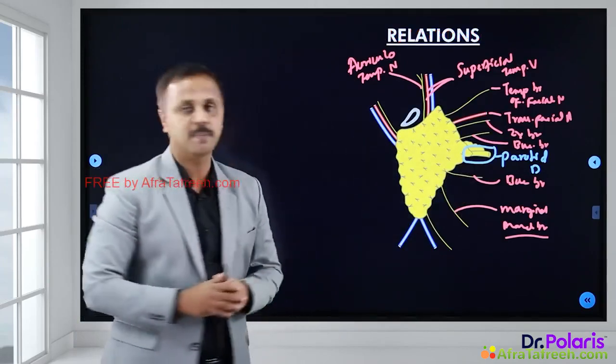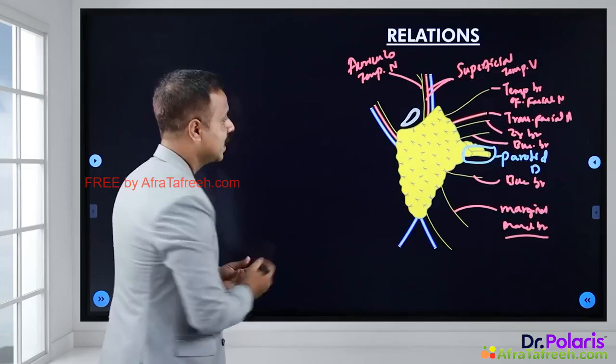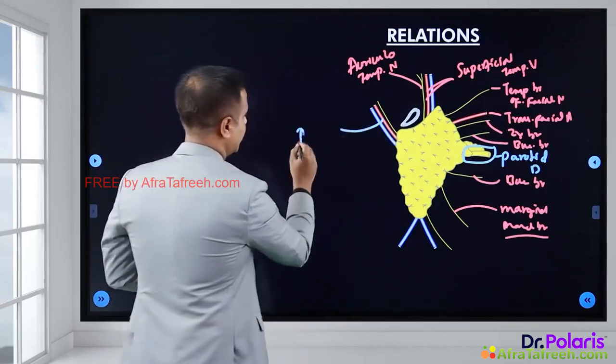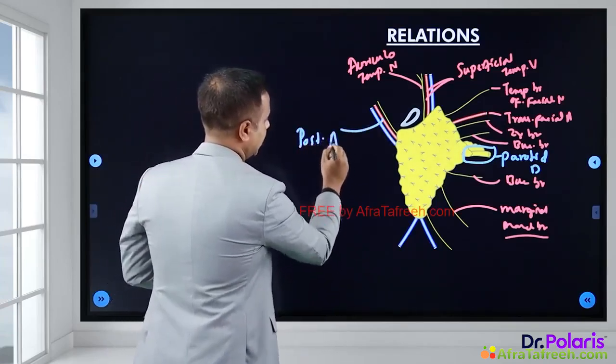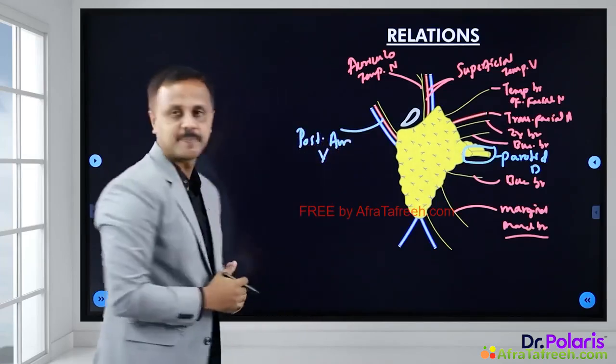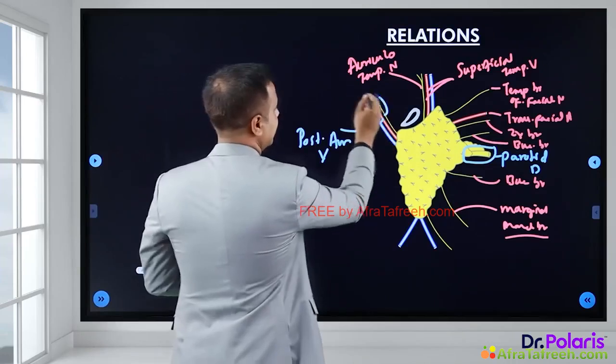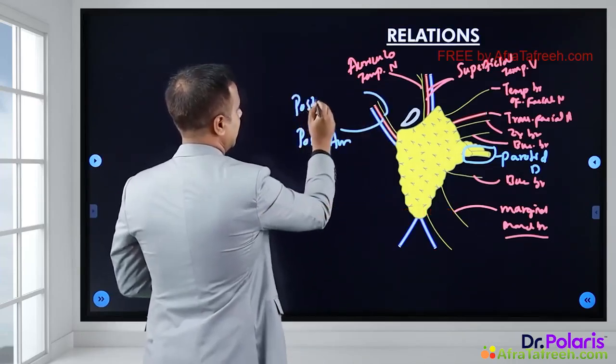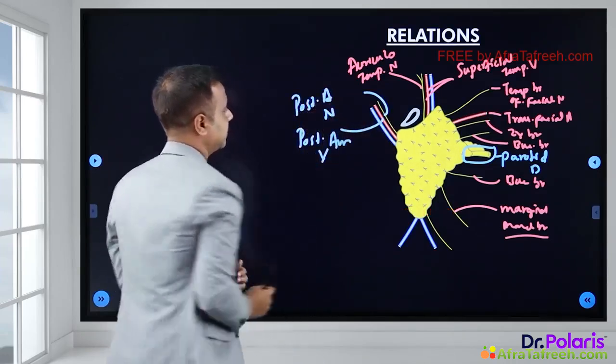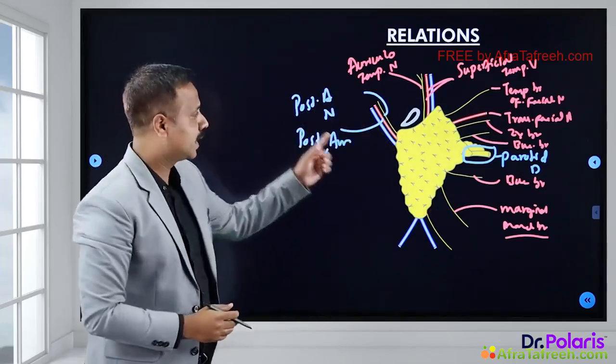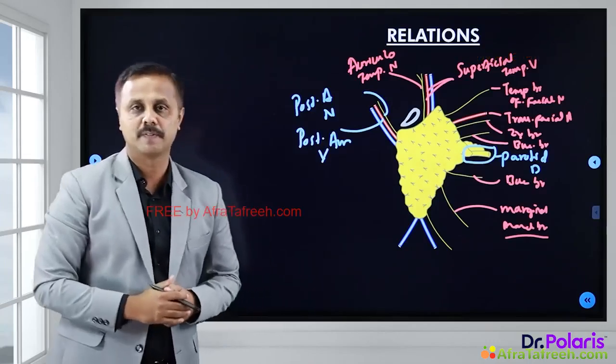Similar to this, if we see the posterior border, what we have here is, these are the posterior auricular vessels. Then we have the posterior auricular nerve. Right? Posterior auricular nerve is again a branch of facial nerve.